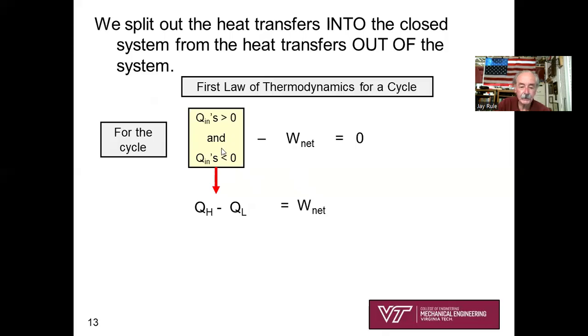Okay, so anyway, that's turning my light yellow box into something mathematical. And then another thing I'm going to do is take my W net and add it to each side, or in other words, slip it over to the right-hand side. So I've got QH minus QL equals W net.